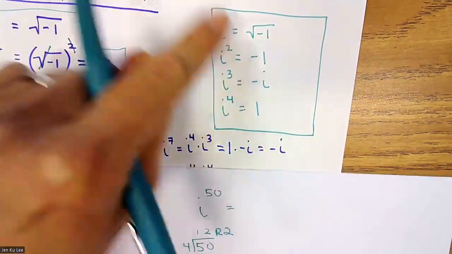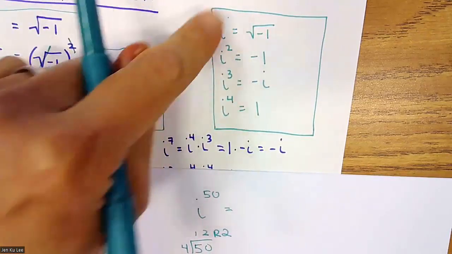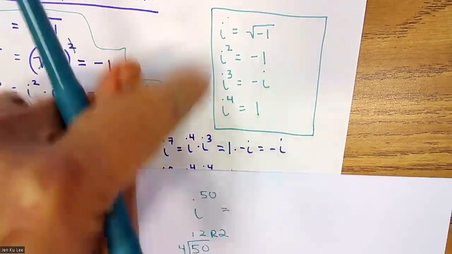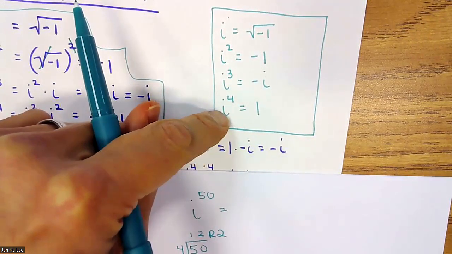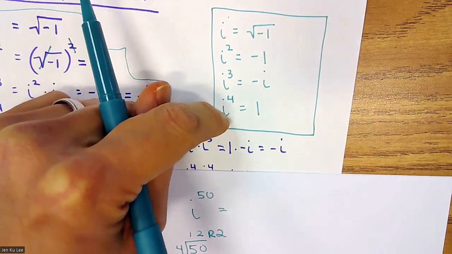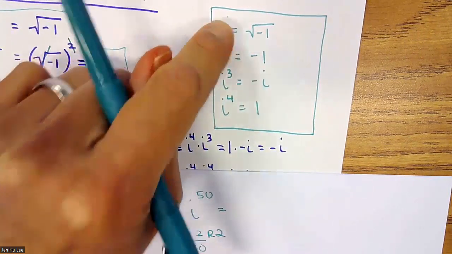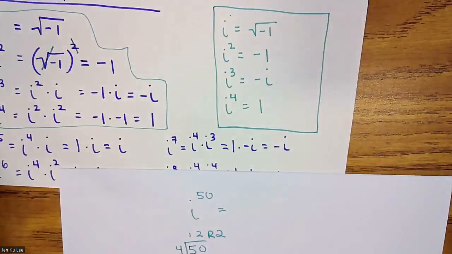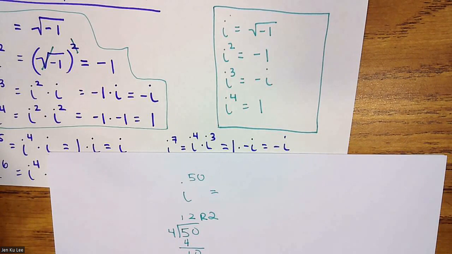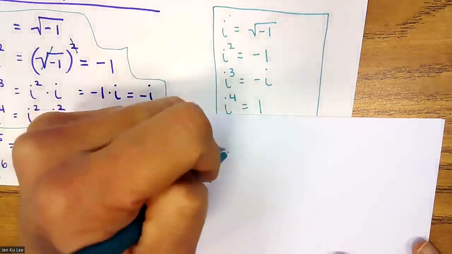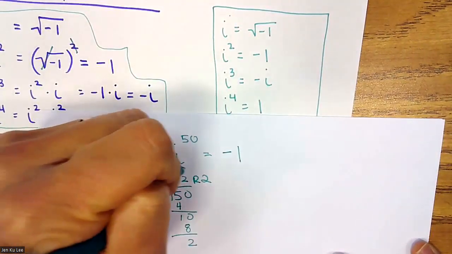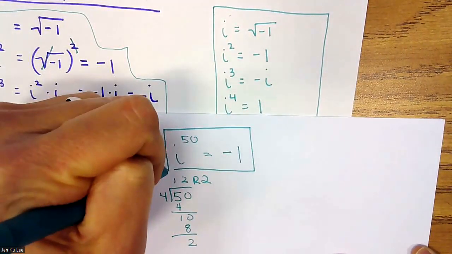So the 12th time, if I went 1, 2, 3, 4, 5, 6, 7, 8, all the way to 12, that's I to the 48. Then 49, 50. It's negative 1. That makes sense? So this I to the 50 would equal negative 1.